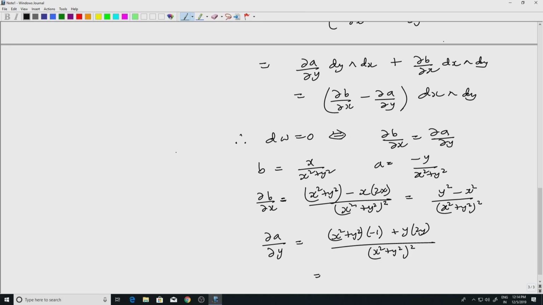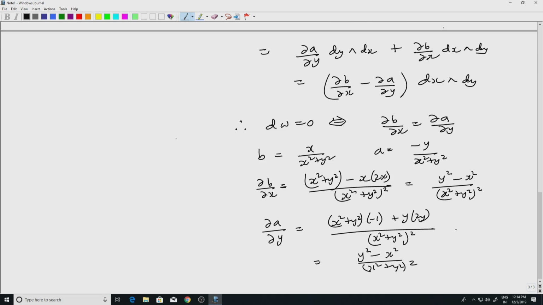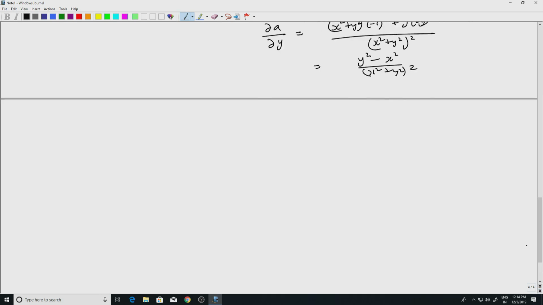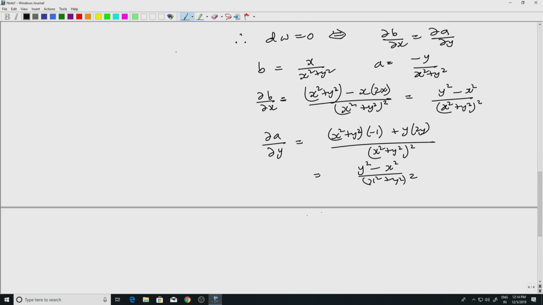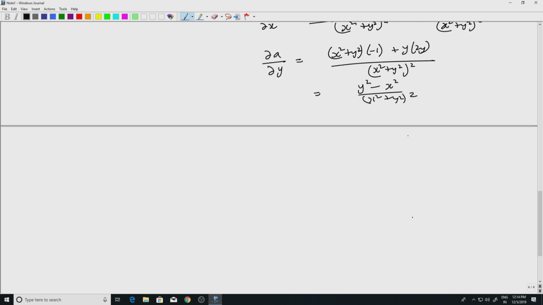So 2y squared minus, again I'll get the same thing, y squared minus x squared divided by x squared plus y squared, squared. So this form is closed. I claim that it's not exact, omega is not exact.